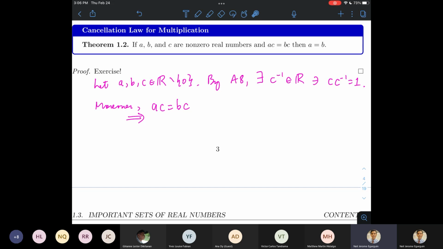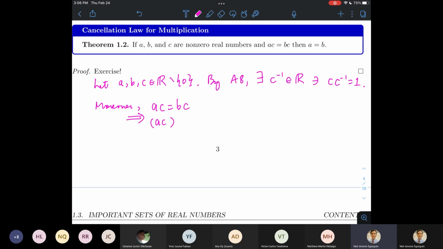I'm going to use the multiplication property by multiplying both sides of this equation by C inverse. Kaya ako sinabi sa unahan pa lang nag-exist si C inverse para ma-justify na pwede ako mag-multiply ng C inverse both sides. Okay? So now, I'll be careful here, at least for now, na i-group ko muna si AC.